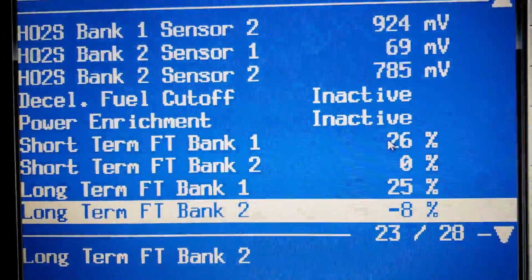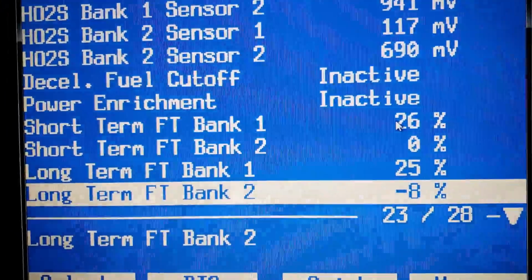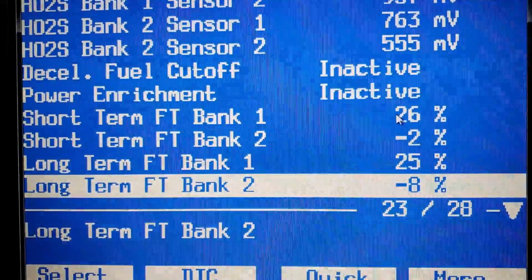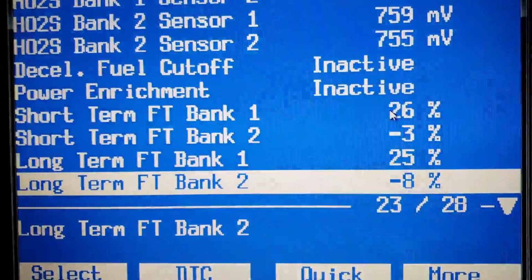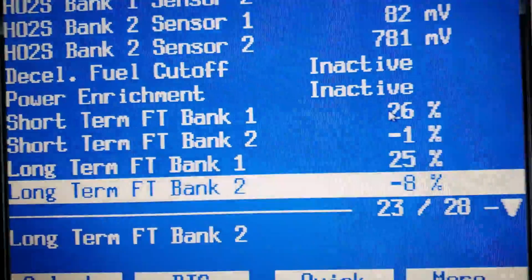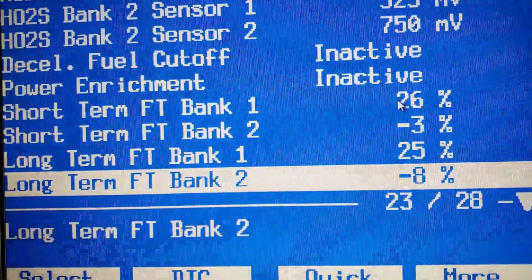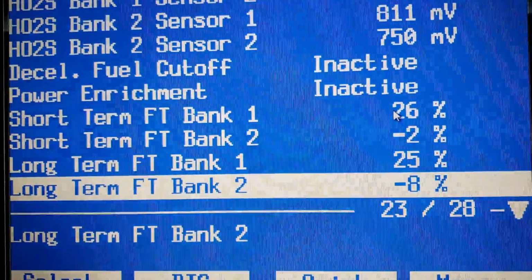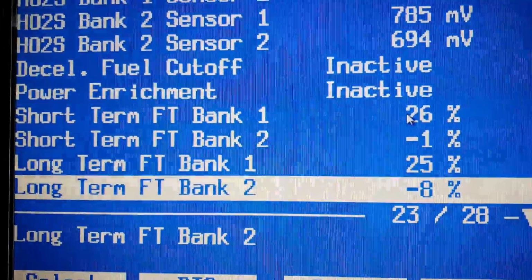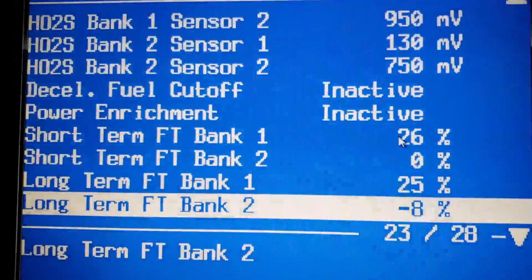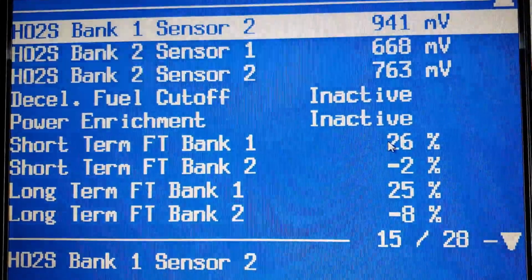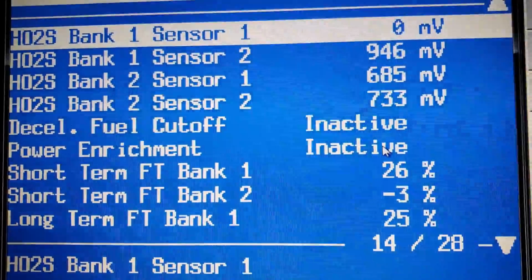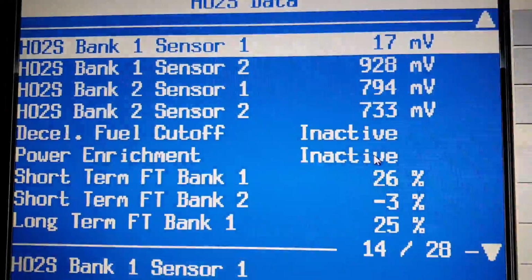And as I scroll down a little bit more, short-term fuel trim bank 1 is at 26, long-term is at 25. It's adding as much fuel as it possibly can to bank 1. While bank 2, it's taking a little bit of fuel away, and the long-term is kind of suffering as a result. But like I said, I think we need to concentrate on bank 1 sensor 1 oxygen sensor and see what happens with it.